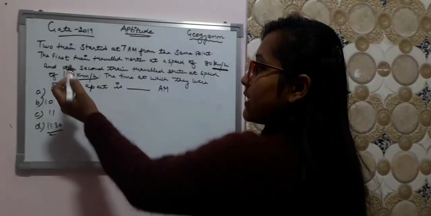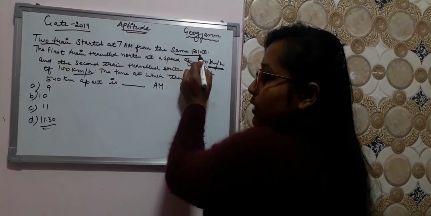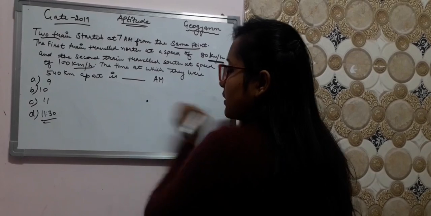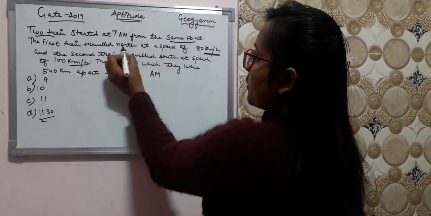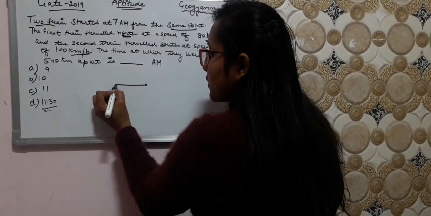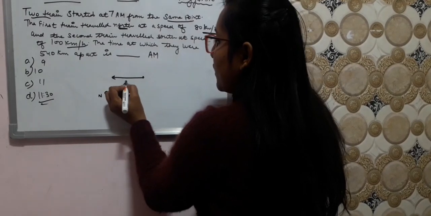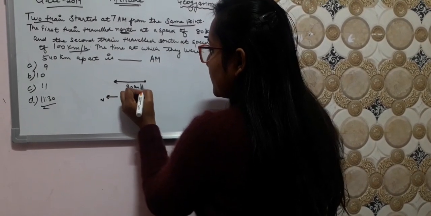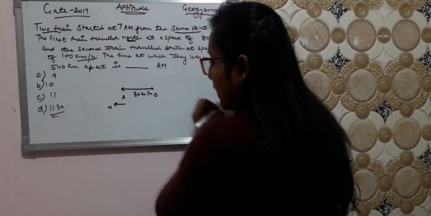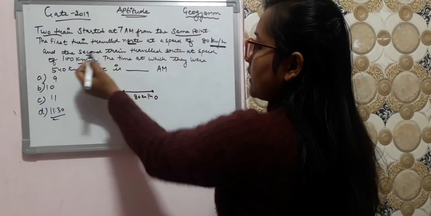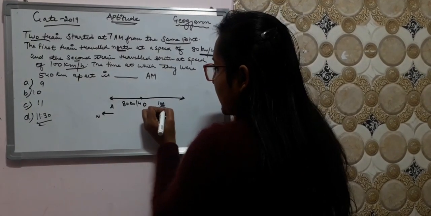Okay. We are saying there are two trains and they are moving from the same point. So this is the point, and the first train is moving towards the north. Suppose this is my north. It is moving with a speed of 80 kilometer per hour. This is the point of origin and this is A, and the second train is moving in the south direction with a speed of 100 kilometer per hour.